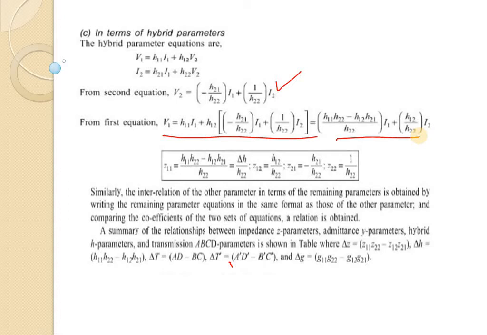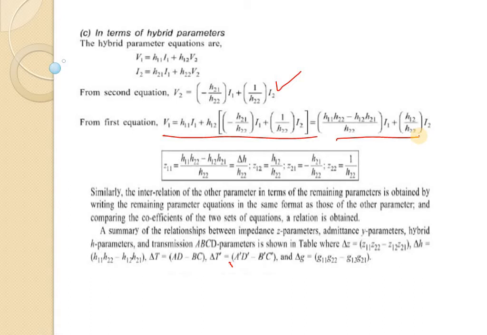Similarly, the interrelationship of the other parameters in terms of the remaining parameters is obtained by writing the remaining parameter equations in the same format and comparing the coefficients of the two sets of equations. A relation is obtained.